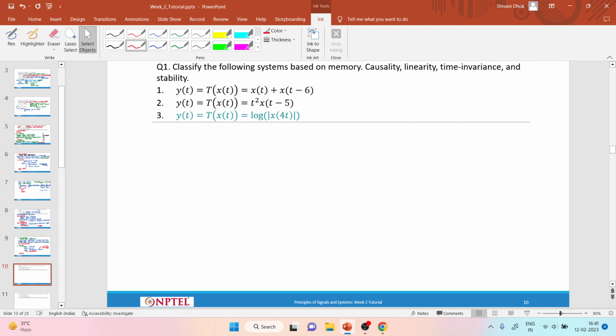Okay, let us look at the third example for this. So here my system is T of x equal to log of mod x of 4t. So now let us look at this for memorylessness and causality. And let's say my t is equal to 1.